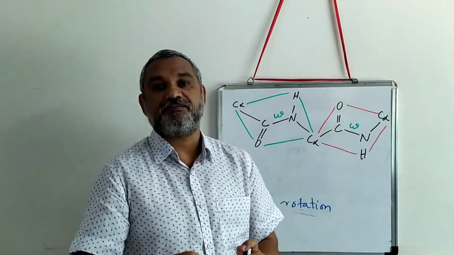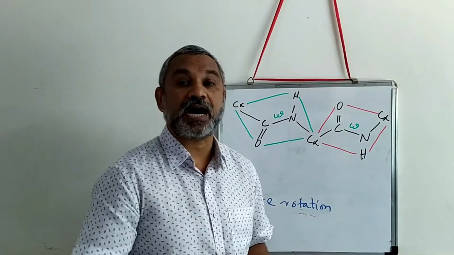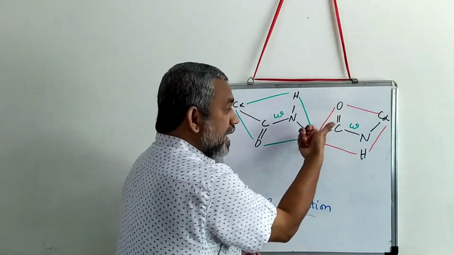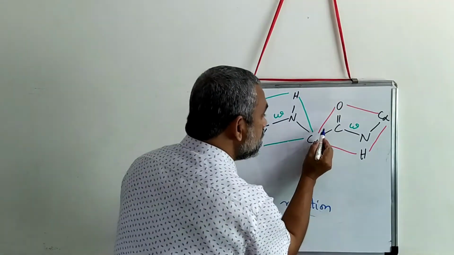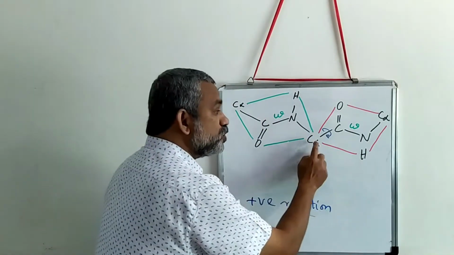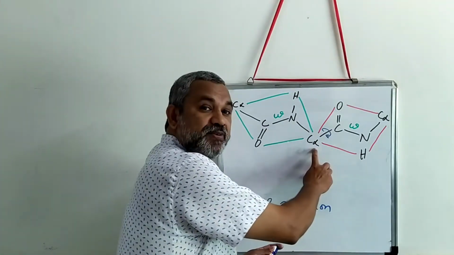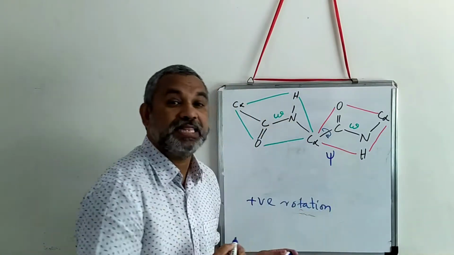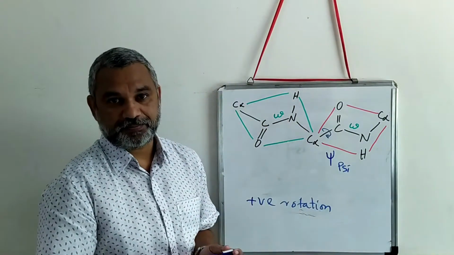From C alpha, you are looking at the carbonyl carbon. It should have a right-handed rotation, the way the thumb is showing, so we show that it is rotating in this direction, because you are looking from this perspective. The bond between C alpha and the carbonyl carbon is denoted by this symbol. This is known as the psi angle.